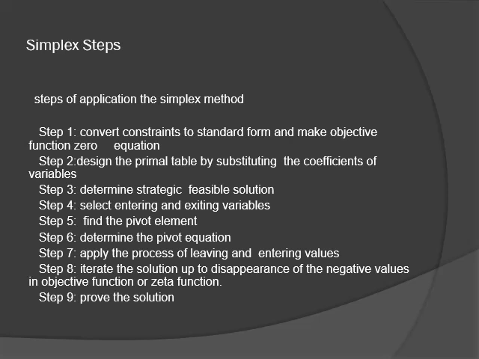Apply the process of leaving and entering values. Iterate the solution up to disappearance of the negative values in objective function or zeta function. Prove the solution. Where is the end of the solution? When we capture the optimal solution.